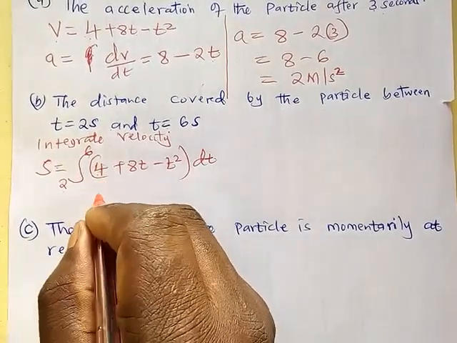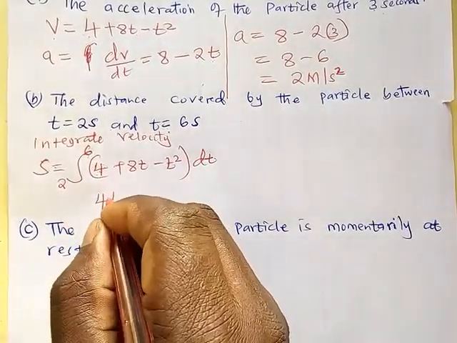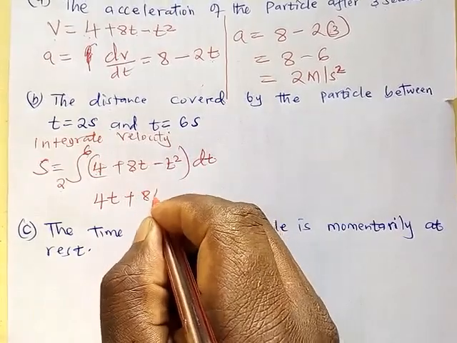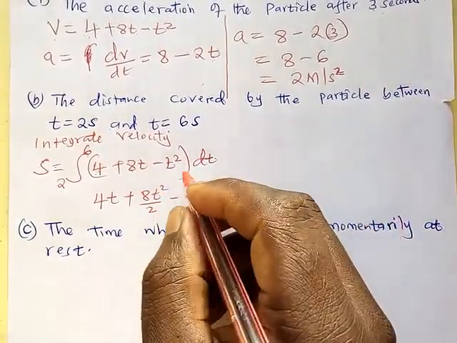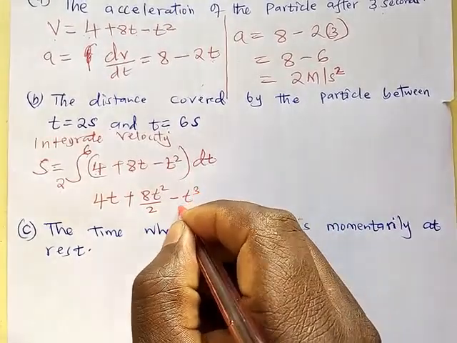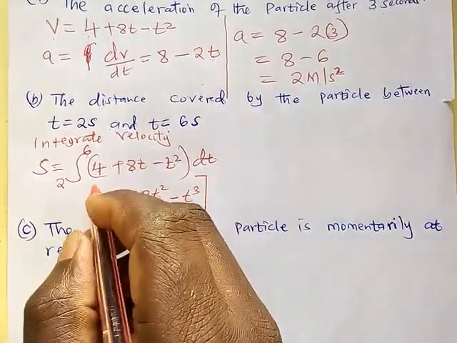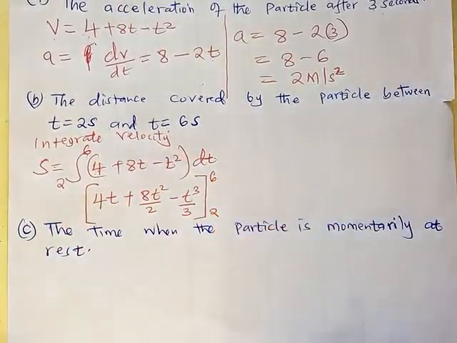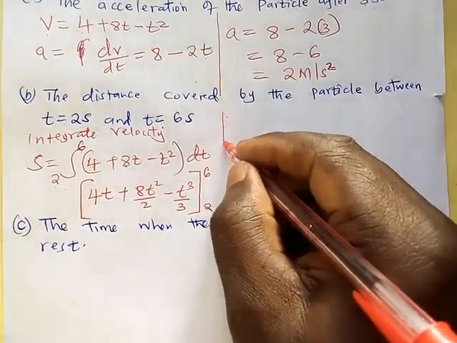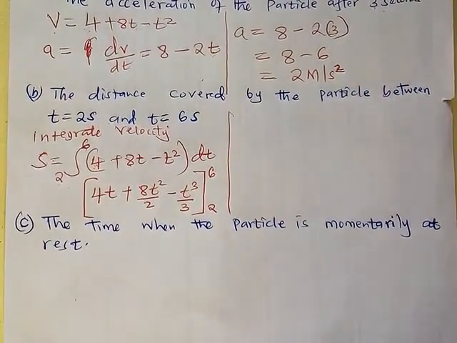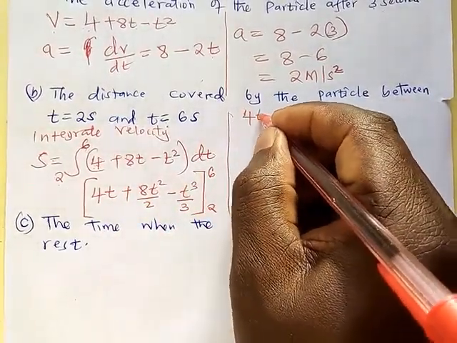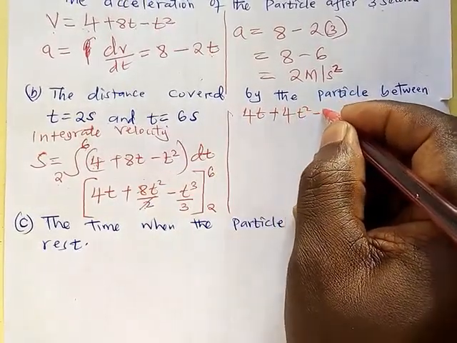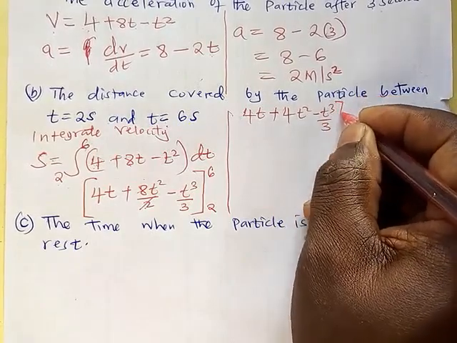So we will have 4t plus 8t square divided by 2 minus t cube divided by 3. The upper limit is 6, the lower limit is 2. So this is the same as 4t plus 4t square minus t cube divided by 3.